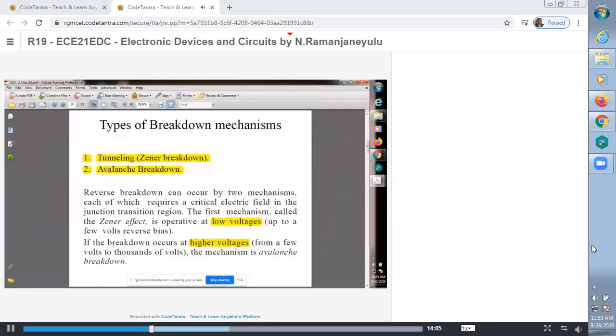The concept is the same. What is the concept? Once the reverse voltage crosses the breakdown voltage, a huge amount of current goes through the junction due to minority carriers. Voltage is almost constant, and current is ideally infinite.